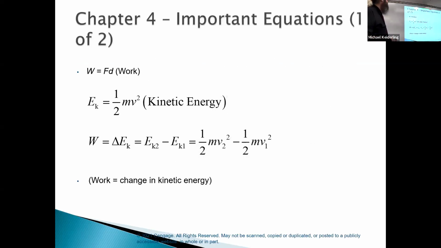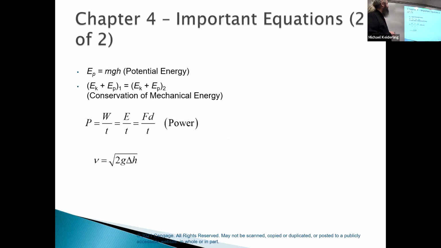So here are the important equations for chapter 4. Work is force times distance. Kinetic energy is 1/2 mv squared. The work energy equation is work is equal to change in kinetic energy, so 1/2 mv2 squared minus 1/2 mv1 squared. Potential energy is mgh for gravity.